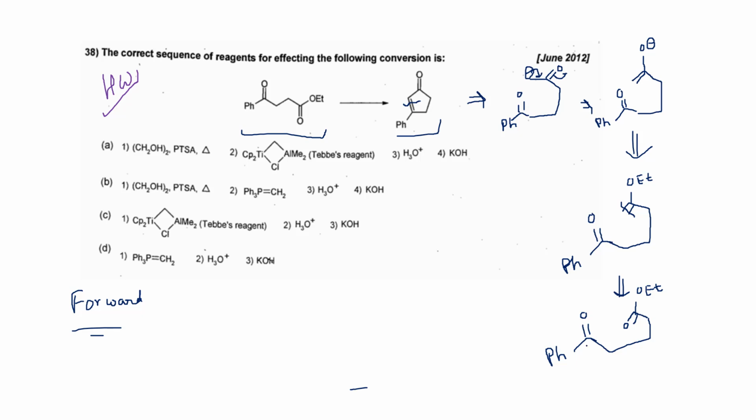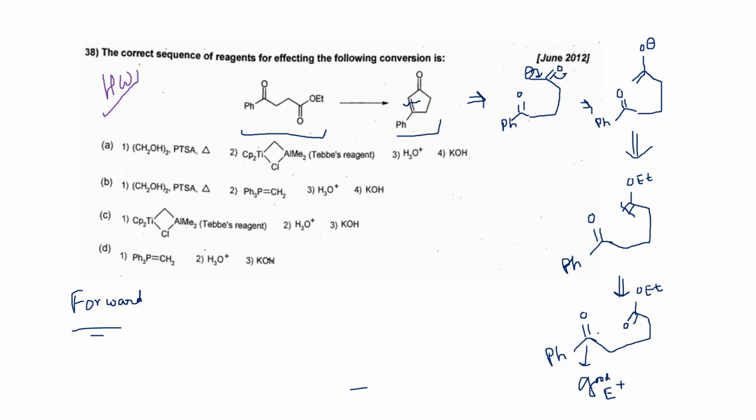It is a better electrophile than the ester carbon. Because of that, it will react faster than this ester. So just to make the ester react, what will we do? We will protect this ketone.